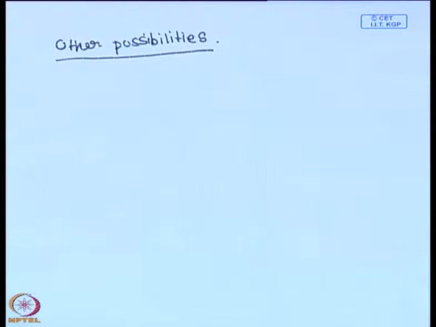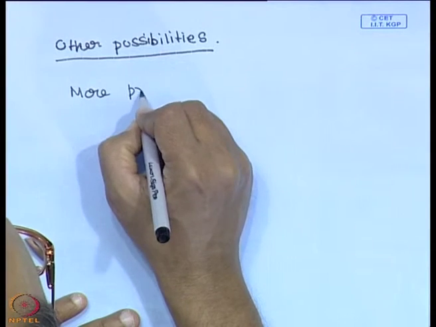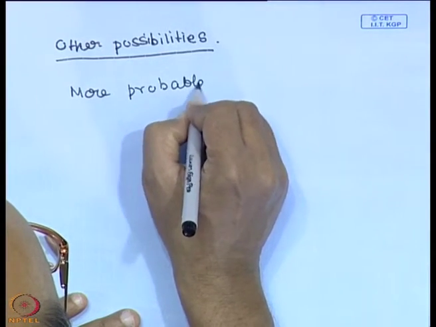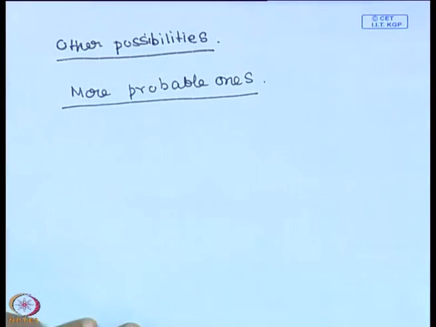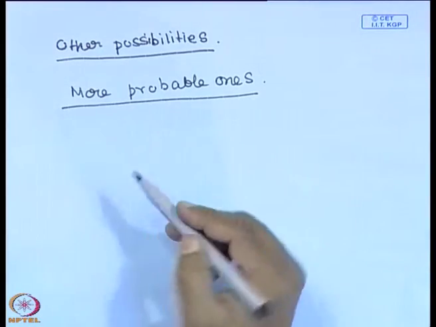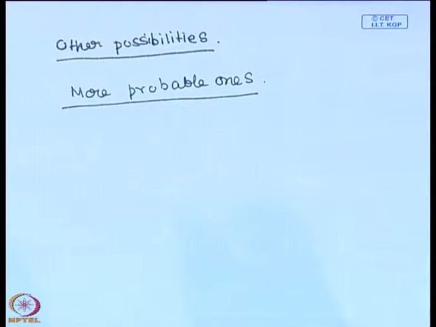So, here we shall only be discussing some of the more probable ones. The most probable one we have already discussed. Amongst the lesser probable ones, we shall be discussing the ones which are somewhat more probable. There are many more which are extremely improbable, which we shall not be discussing at all.